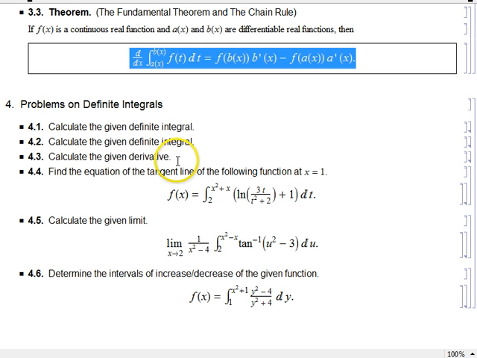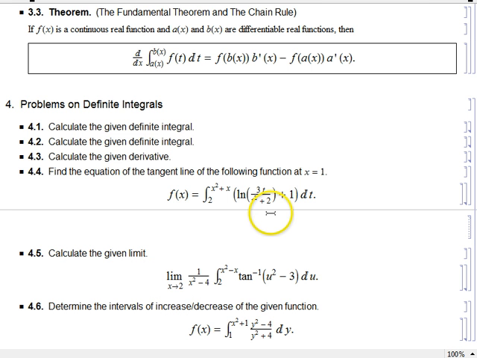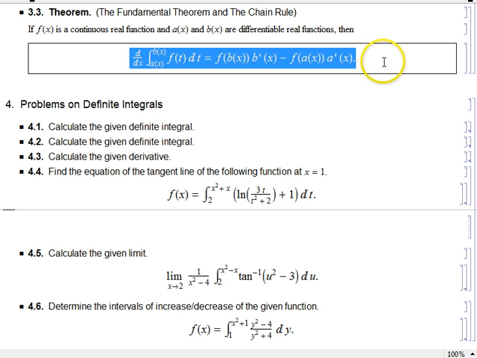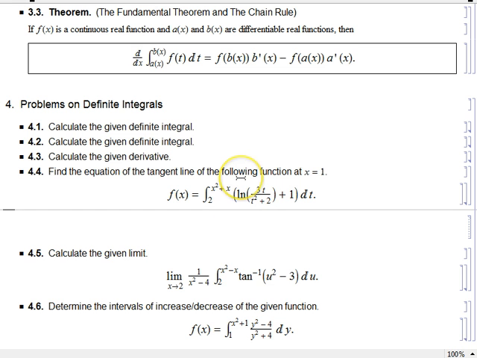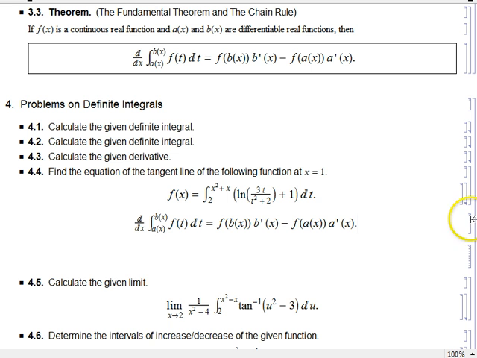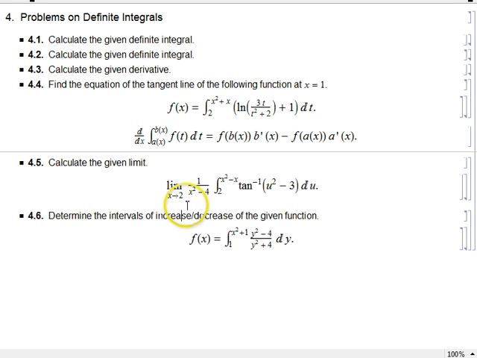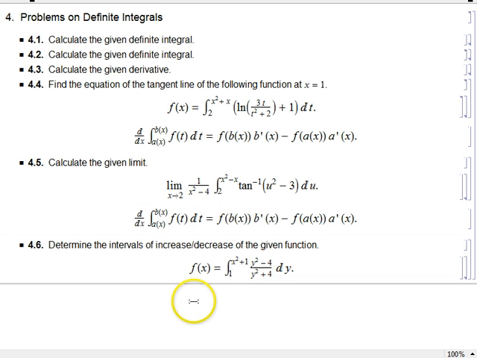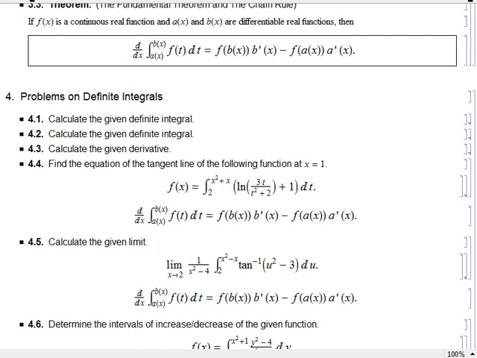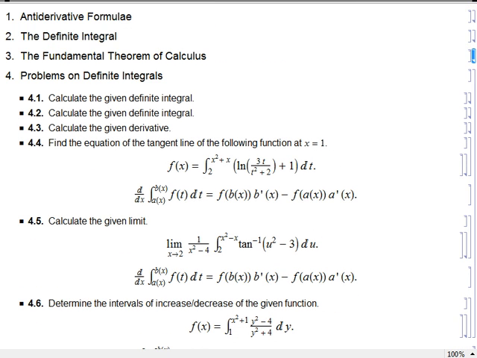So for convenience, I'm going to copy that down here, down here, and then down here, so that I don't have to scroll up back and forth too much.